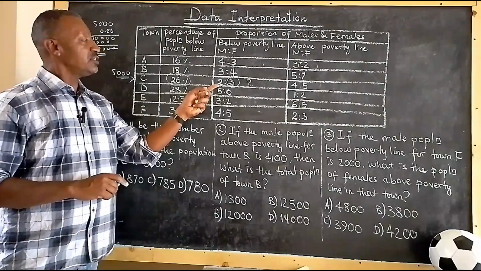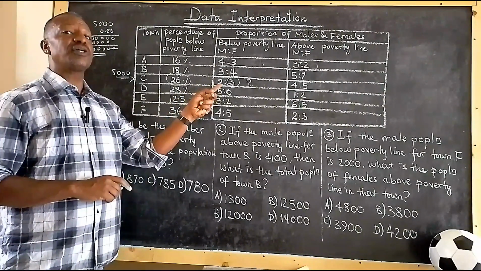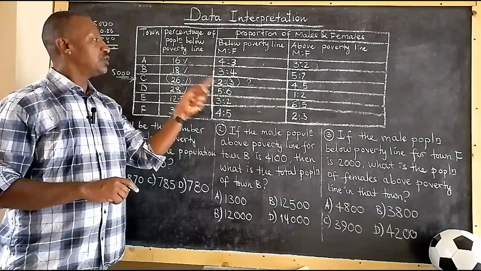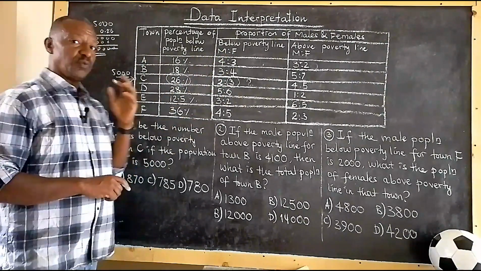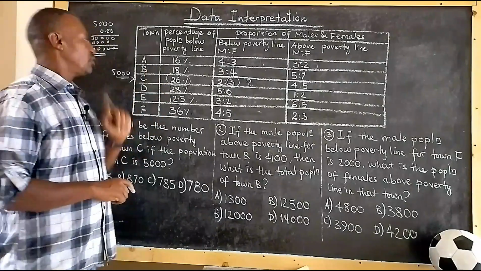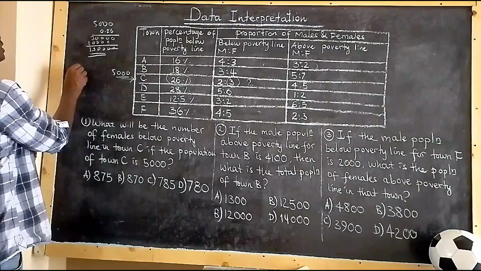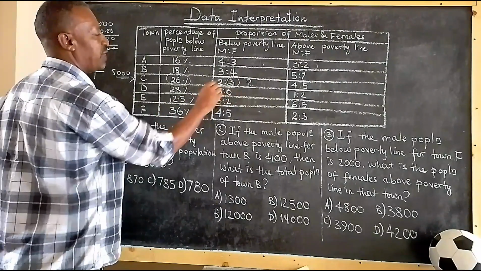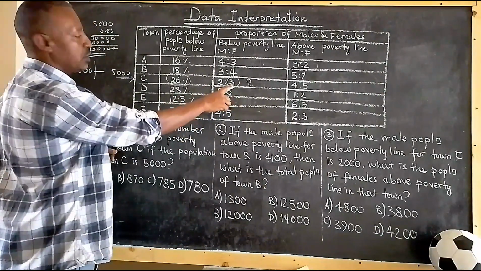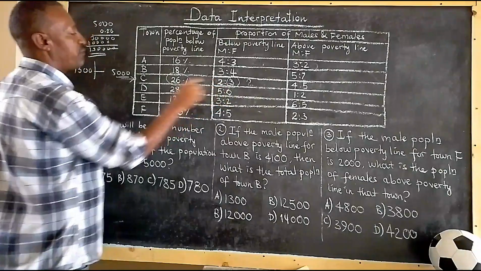Here, you can identify that there are 5 proportions in total. We can find 2 for male and 3 for female. So we have to identify 1 proportion. What is 1 proportion? To get 1 proportion, you have to divide by the entire proportion, which is 5.